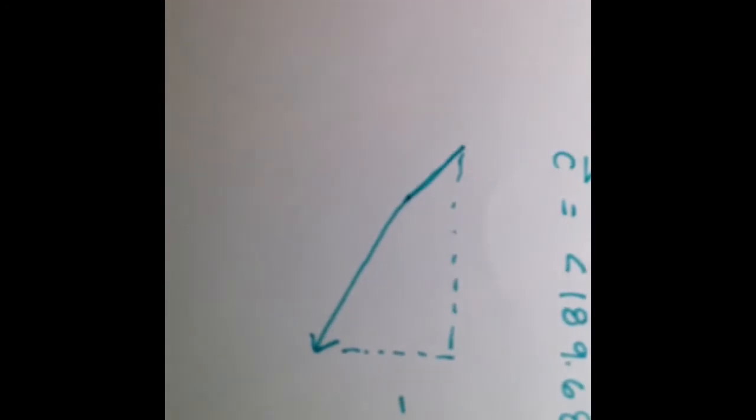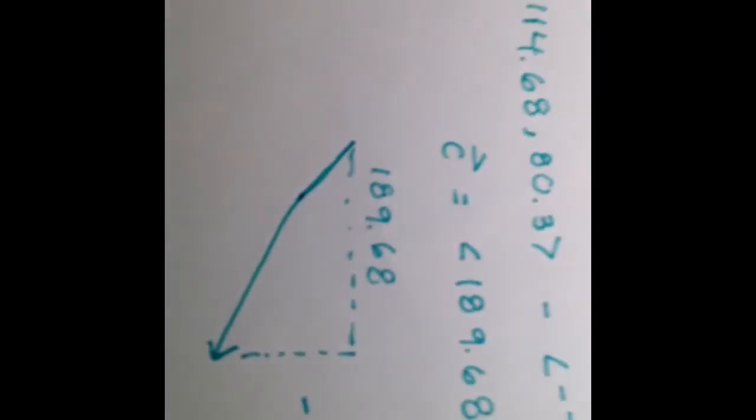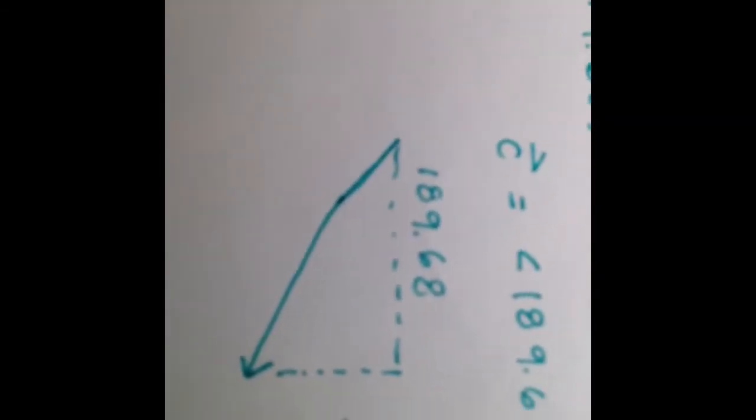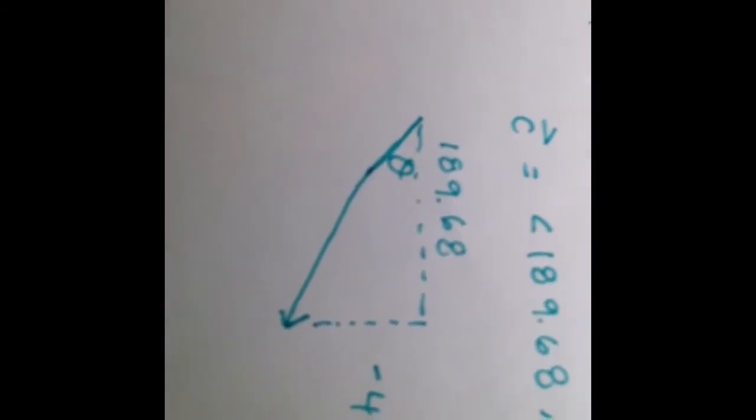So here you have your y component of negative 48.9, and here you have your x component of 189.68. Again, pretend this is a straight line. It's a Pythagorean triangle, so you know what to do. And you have your theta right there.